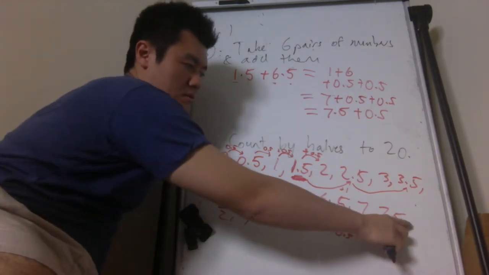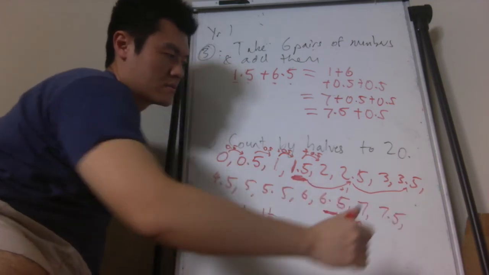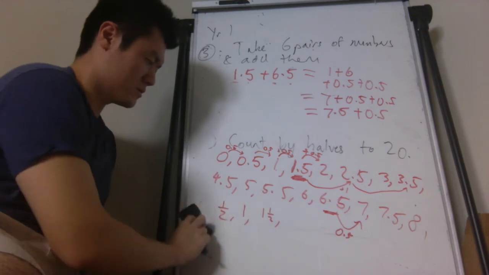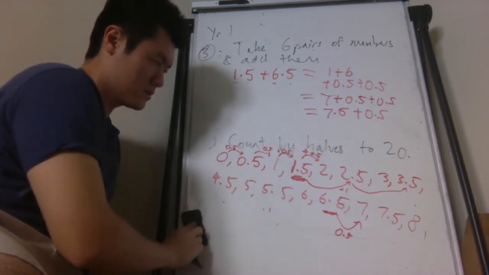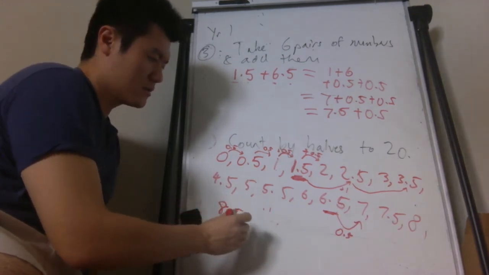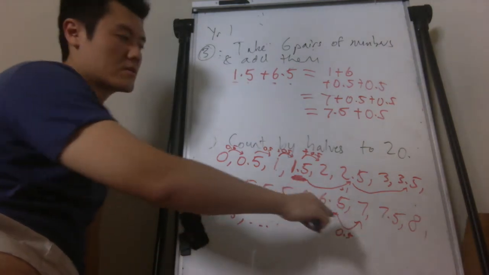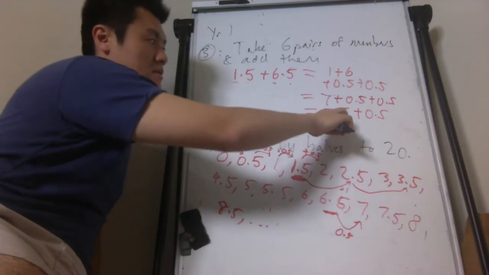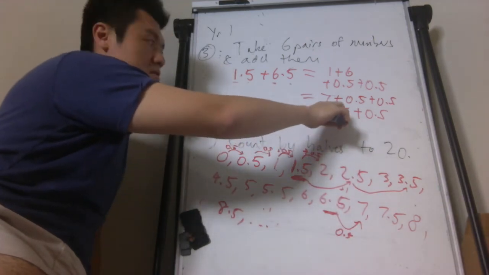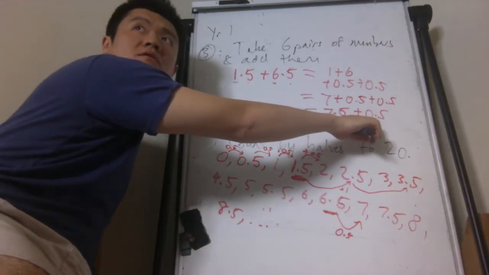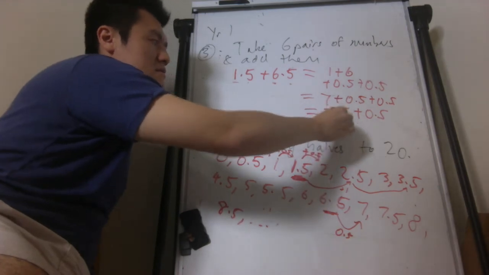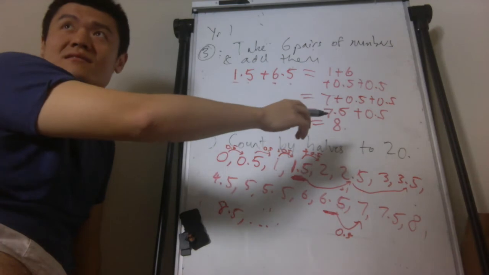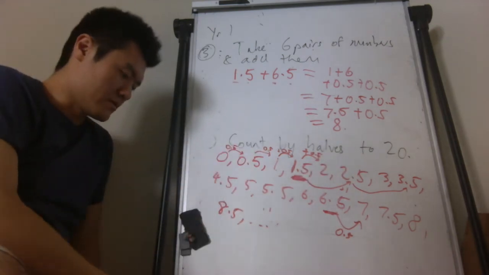What's the one it goes to? 8. Excellent. And then the next one is 8.5, okay. Well, we don't need that yet. We just need to know that this plus 0.5 is 8, right? Because then this is that, right? 7.5 plus 0.5 is 8. So now we know 1.5 plus 6.5 is 8, okay? So that was a little bit hard.